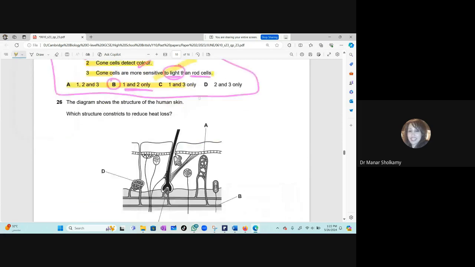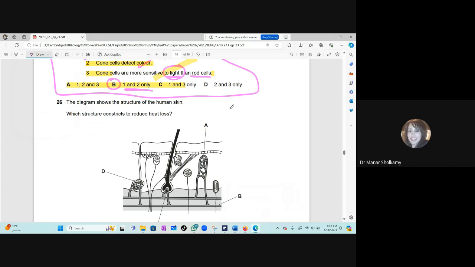Okay. 26. Which structure constricts to reduce heat loss? We want to reduce heat loss. A. A is a capillary. Capillaries, do they have muscles in their walls?